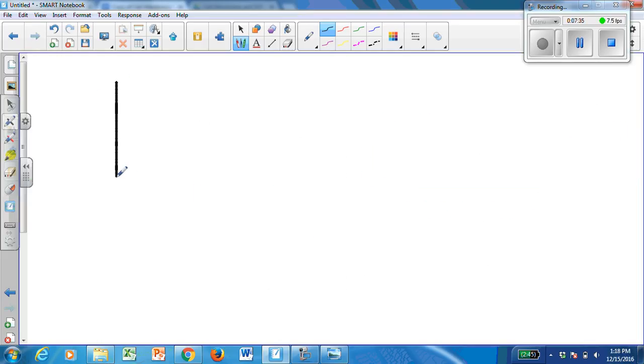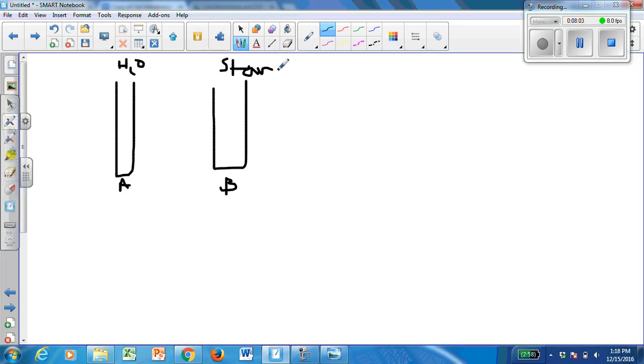So in a starch test, let's say I have this test tube A and this test tube B. Test tube A has water, and test tube B has starch. We fill the test tubes up with water and starch.